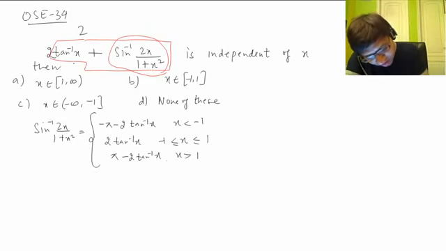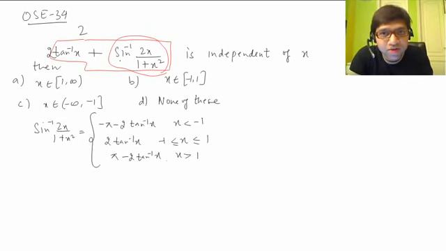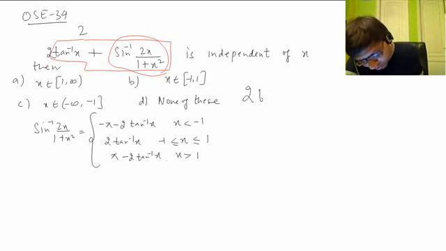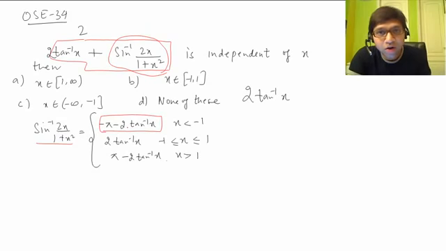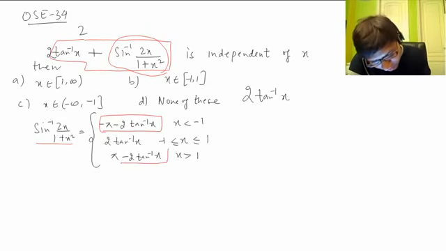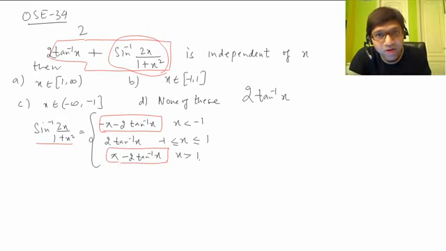You can see this expression will be independent of x if sine inverse 2x over 1 plus x square will generate minus 2 tan inverse x, because the terms of x should cancel out, right? So we have 2 tan inverse x, and we have to see from where we get minus 2 tan inverse x from the definition of the sine inverse 2x over 1 plus x square. This is a definition where we are getting negative outside 2 tan inverse x, and this is another definition where we're getting negative outside 2 tan inverse x.